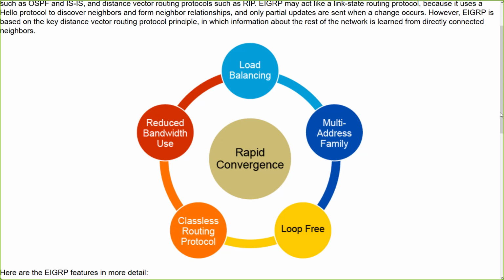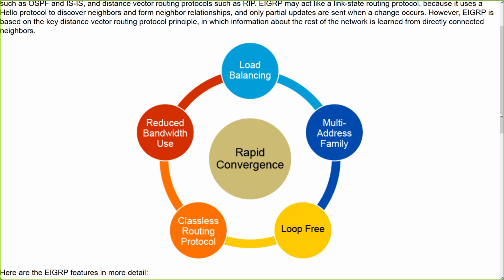Now what EIGRP does, and actually this is something that is better for the protocol than what we traditionally see with OSPF, is EIGRP not only chooses the best path to reach a particular destination, but to speed up convergence and to identify what to do if the primary path fails, EIGRP chooses the second best path as well.